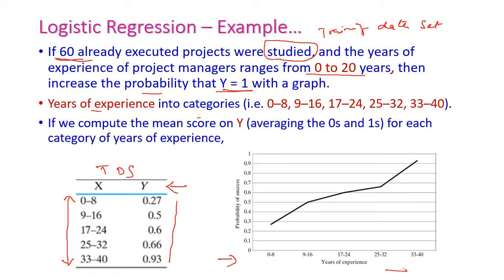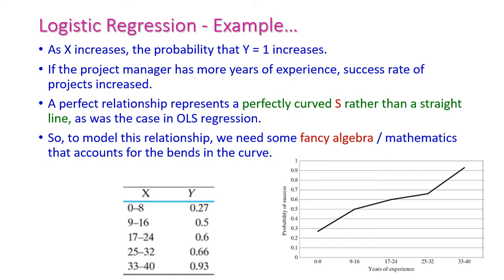So this is the x-axis and this is the y-axis. The x-axis is the number of years of experience, and the y-axis is the probability of success, not the exact value of y. So here we are going to predict the probability of the target variable. In this diagram, if the x value increases, then the probability that y equals 1 will increase.